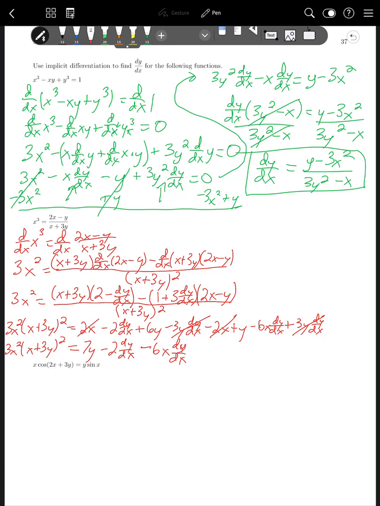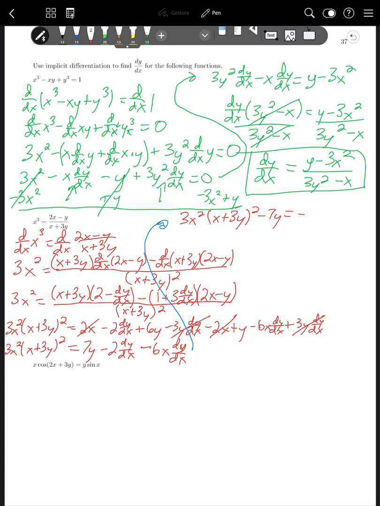Okay. Let's see. Where's the best place to do this? Probably up here. We'll try and write it up here in the upper left. So now you're going to move the 7y over to the other side, right? So you can get the dy dx's by itself. So it'll be 3x squared times x plus 3y squared minus 7y equals negative.